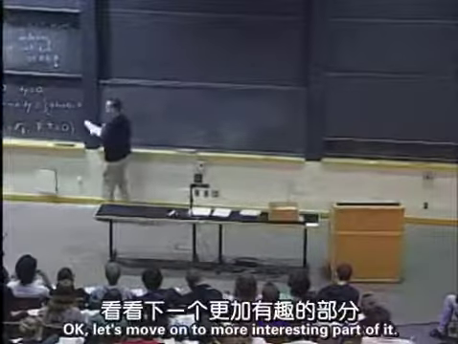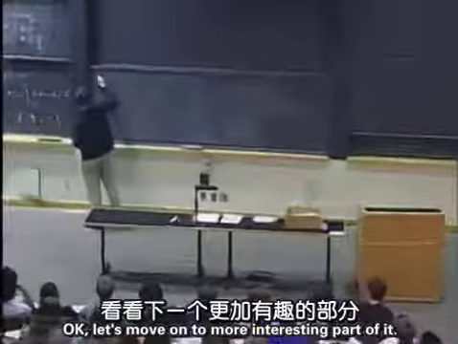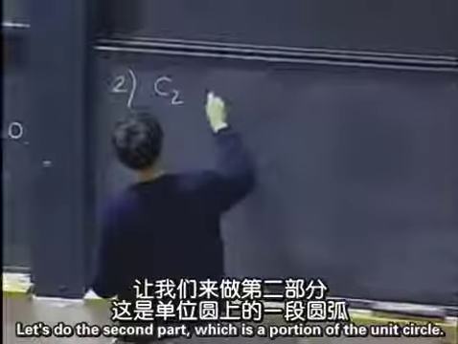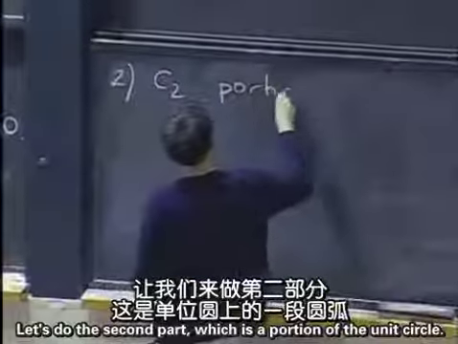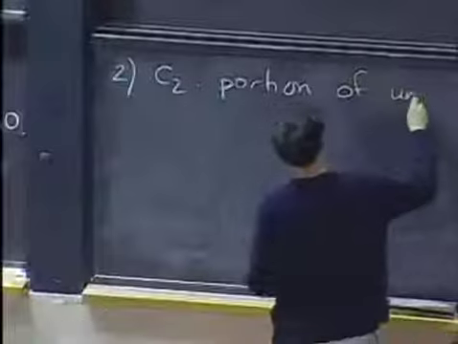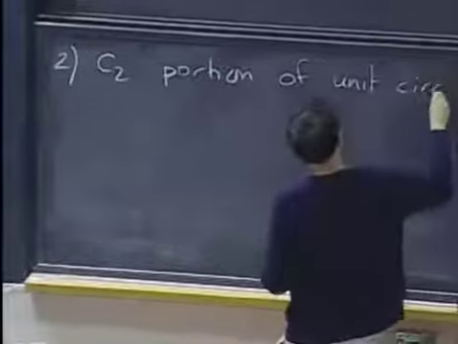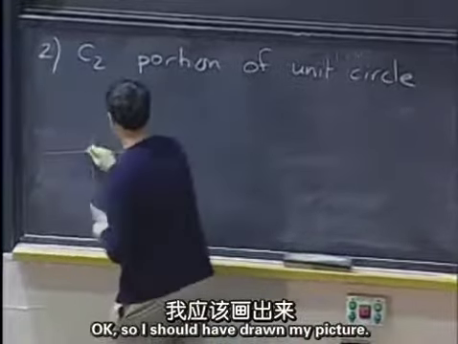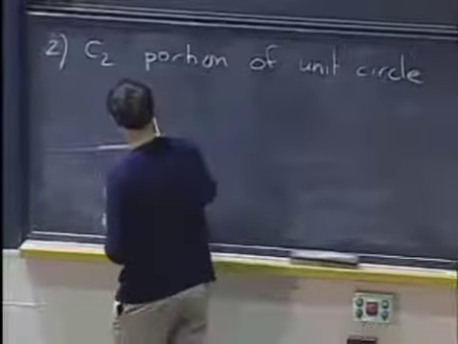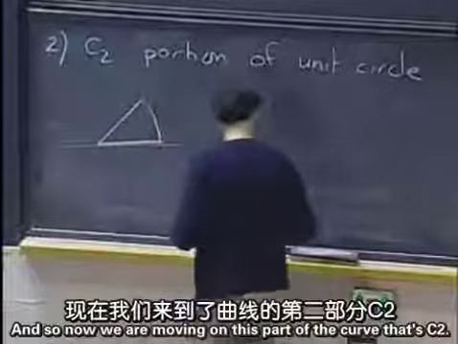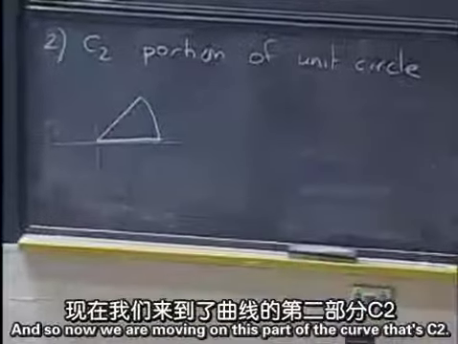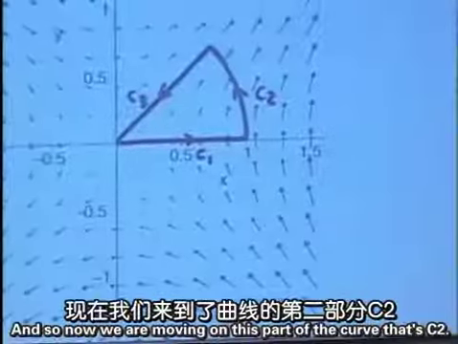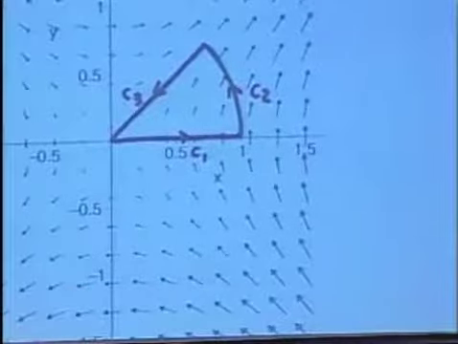Okay, let's move on to a more interesting part of it. Let's do the second part, which is a portion of a unit circle. Maybe I should have drawn my picture. And so now we are moving on this part of the curve, that's C2.